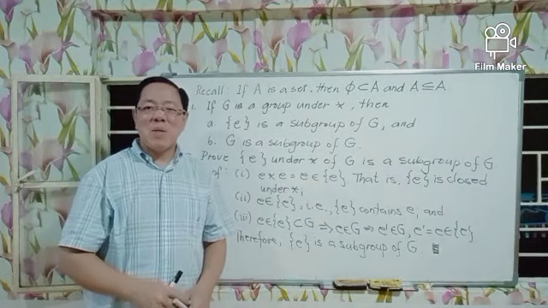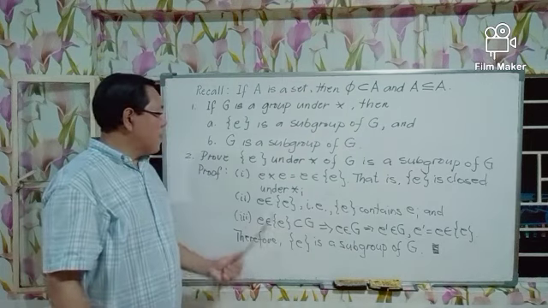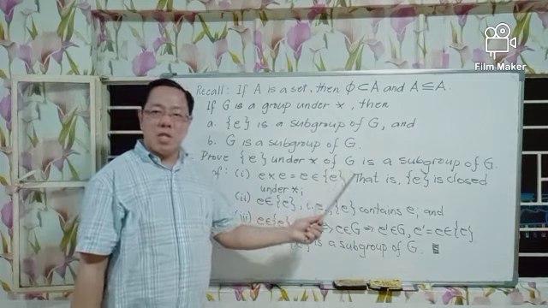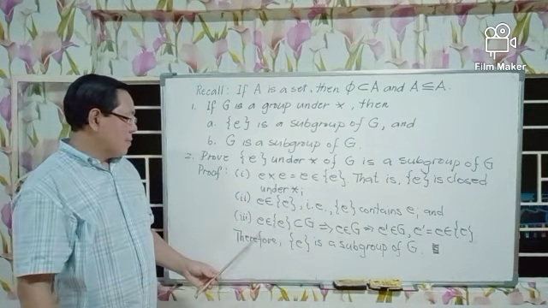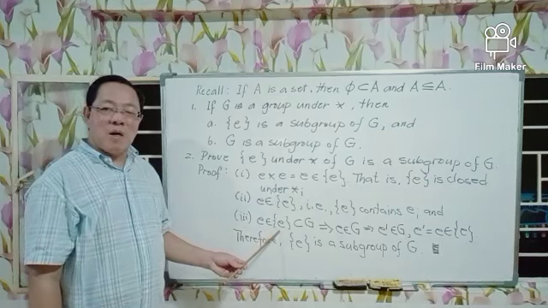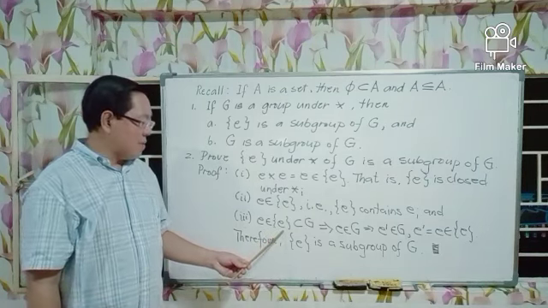The third property, we show that the inverse of E is also an element of this subset containing the identity element E of G. Obviously, E is an element of this subset of G because this subset of G contains only one element and it is the identity element.